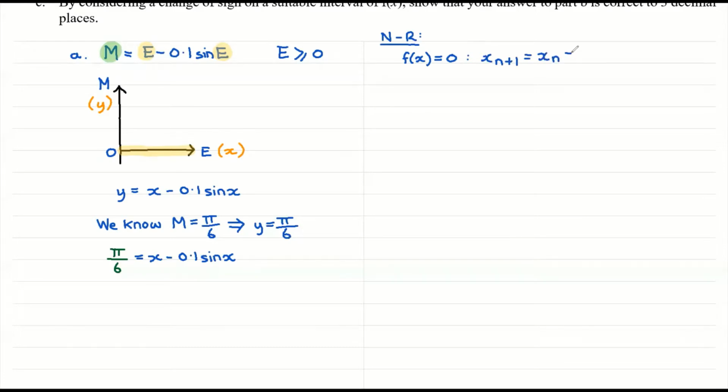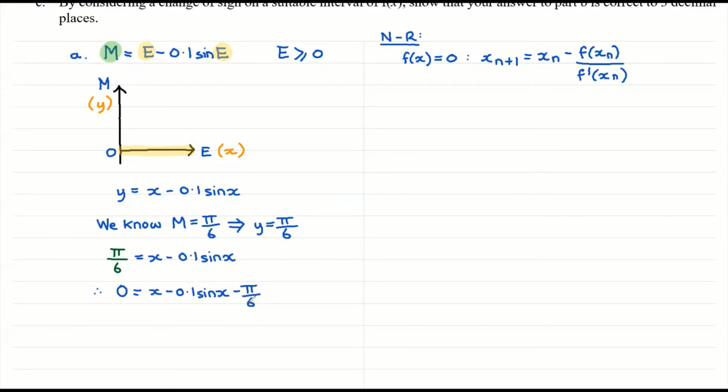So x n subtract f of x n over f dash of x n. So we need to set up an equation equal to 0 in order to use the Newton-Raphson method. So I can subtract the pi over 6 from both sides here. So therefore, we've got 0 is going to equal x subtract 0.1 sine x subtract pi over 6.